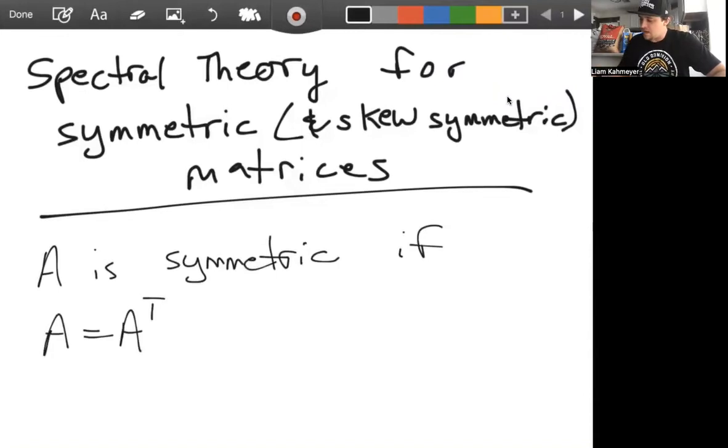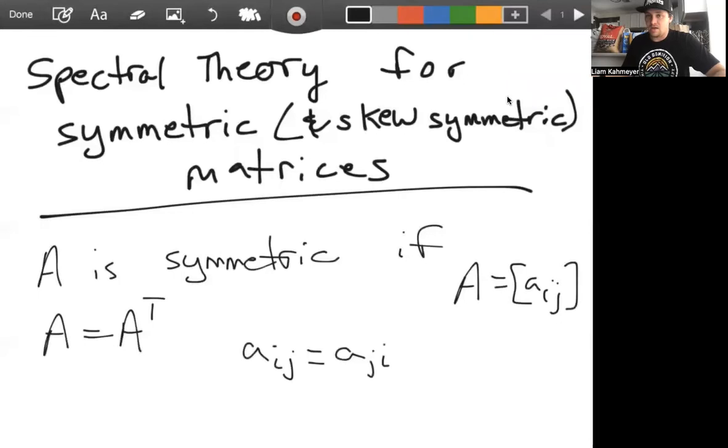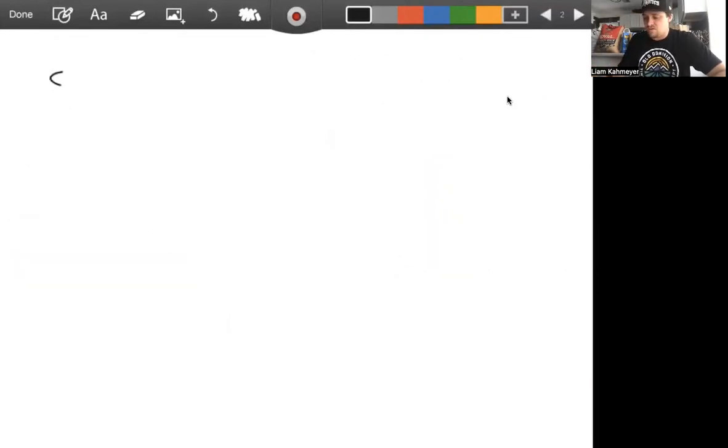If you write A as coordinates a_ij, what this means is a_ij equals a_ji for all i, j. So if you reflect the entries along the diagonal, you get the same thing. For a skew symmetric matrix, you get the negative.